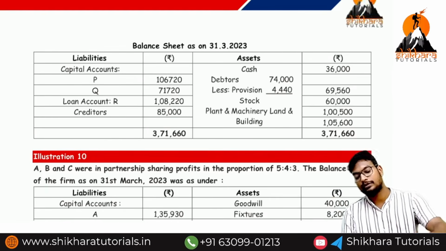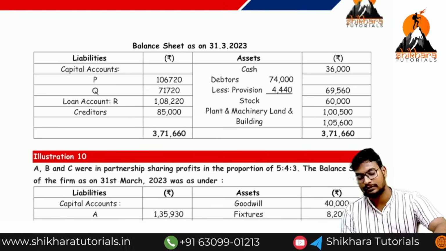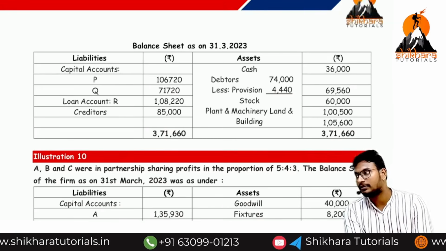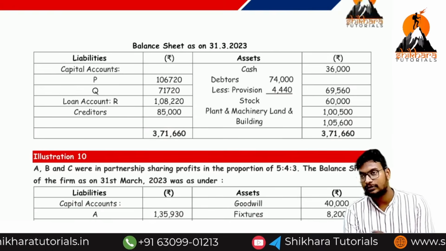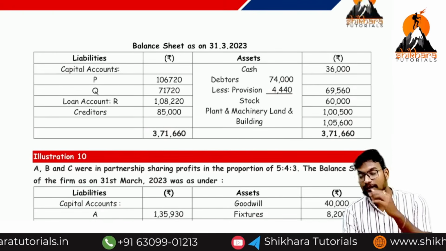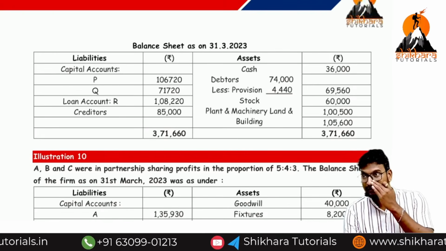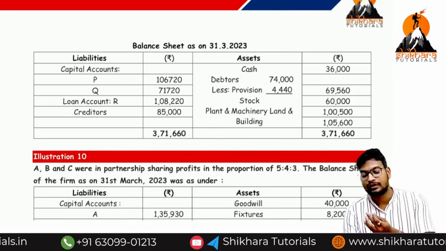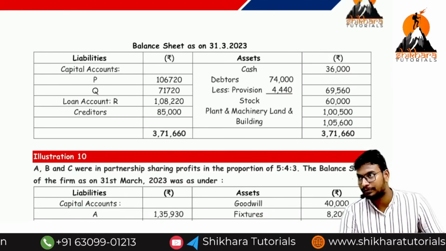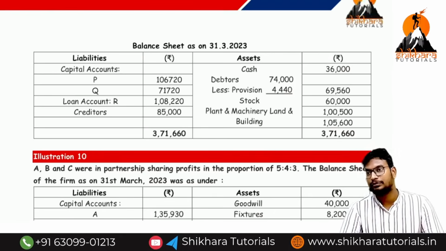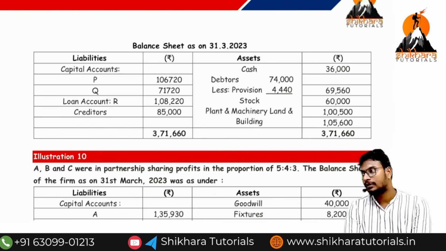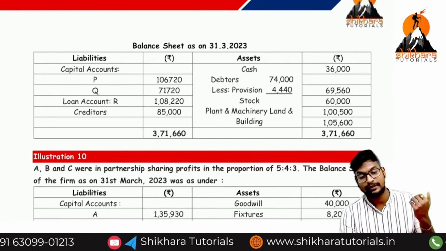Tomorrow we can complete up to death, and still we are having 3 more models: dissolution, joint life policy, amalgamation, and LLP. The 4 models. LLP is a somewhat big method. Okay, I will explain, no problem. Still, it will take 2 to 3 days. Okay, if Sunday, thank you guys.